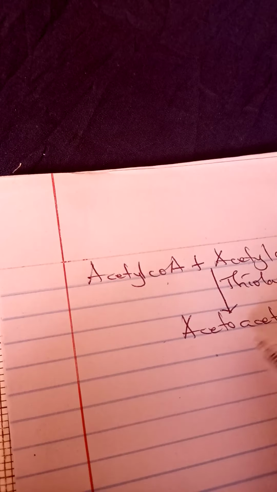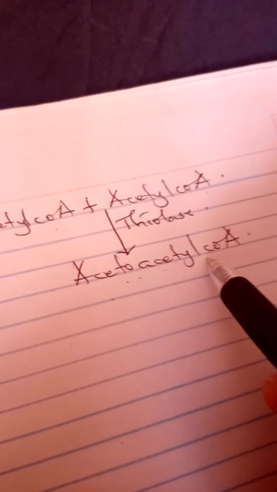So during the reaction we have acetyl-CoA plus acetyl-CoA, but we form acetoacetyl-CoA. That means during the reaction there is loss of a coenzyme A, so it is also like CoASH. So we have now acetoacetyl-CoA.